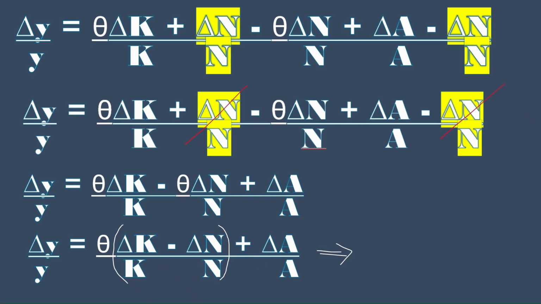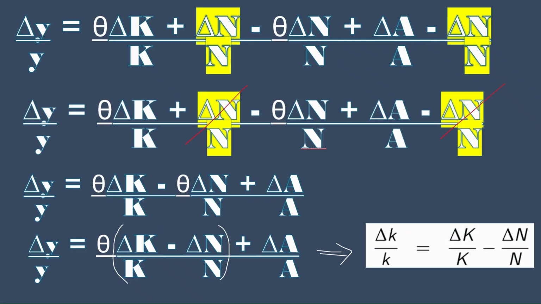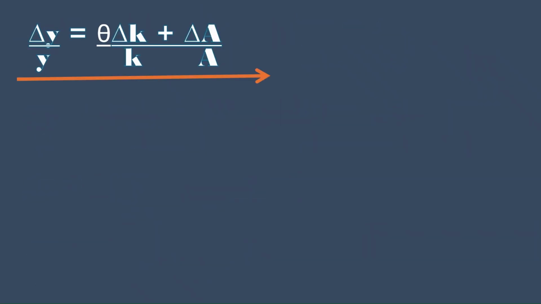And if you remember the equation we were given in the beginning to memorize, that's right, the change in lowercase k divided by k is equal to what we have here, capital K divided by K minus capital N divided by N. The change in both. And therefore, our final answer will be the change in lowercase y divided by y, which is equal to theta times the change in k divided by k, and this is lowercase k, plus the change in a divided by a. And there you have it for your capital ratio.